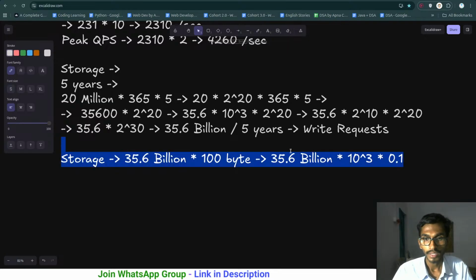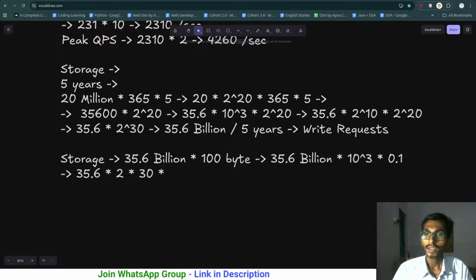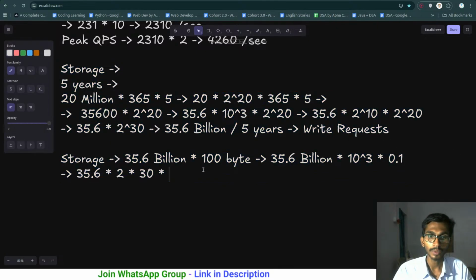Okay, that's fine. Now we have to simply calculate it. So we have 35.6 billion, which simply means 2 to the power 30, multiplied by 10 to the power 3. 10 to the power 3 means 1000, which is equivalent to 2 to the power 10 kilobyte, which we have also done, multiplied by 0.1.